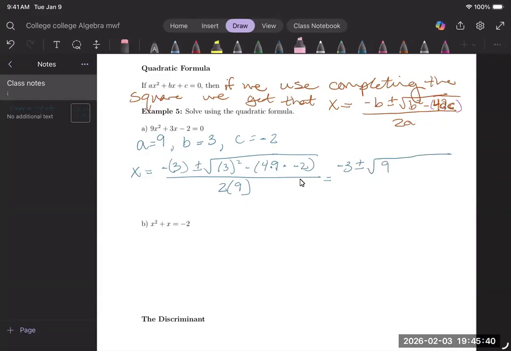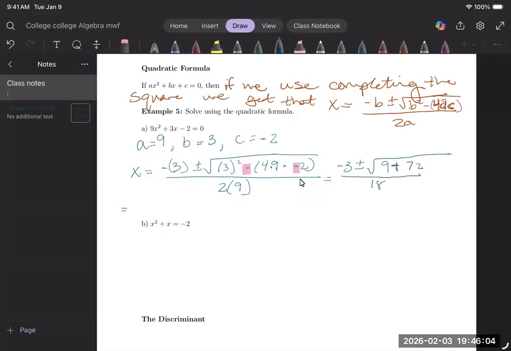And then a negative and a negative give us the positive. Oh, wrong color. I think it's this one. There we go. Our 9 plus, let's see. Well, 4 times 2 is 8 times 9 is 72. All over 2 times 9 is 18.